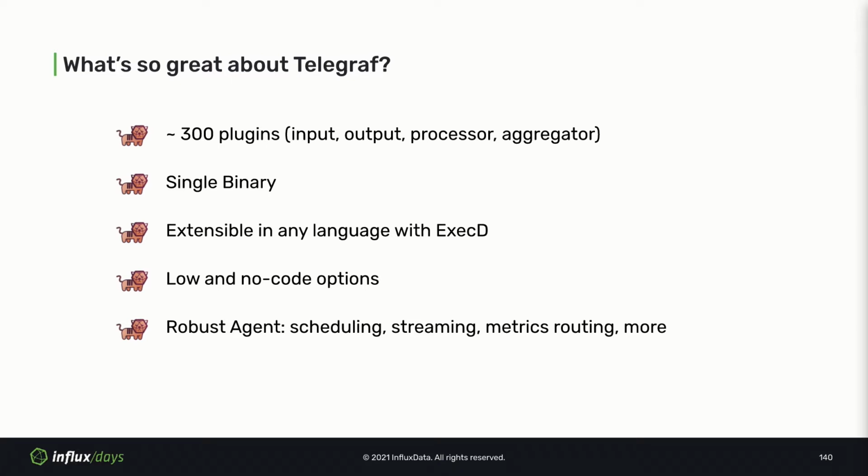And if you need data from a source that isn't included in the binary, whether it's a plugin for a niche protocol or a plugin for an internal or proprietary data format, you can build that plugin in Go or another language and run it using execd. Execd provides a shim for plugins that are written in Go to take advantage of everything built into the Telegraf agent.